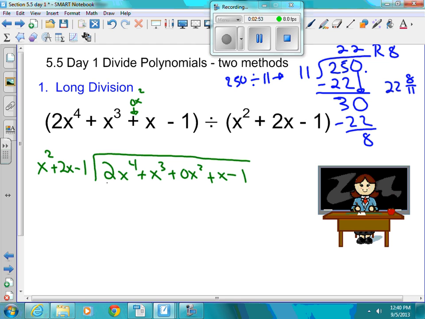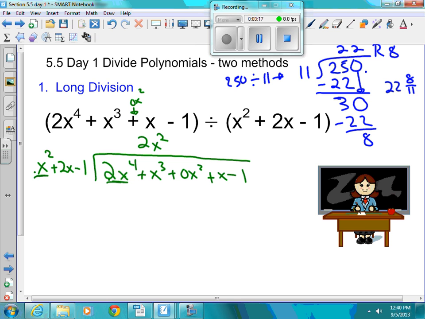Well, we take this first term here, 2x to the 4th, and whatever the far left term is on what you're dividing by, the divisor, and we say, okay, 2x to the 4th divided by x squared is what? Well, 2 divided by 1, there's really a 1 there, is 2. And x to the 4th divided by x squared is x squared.